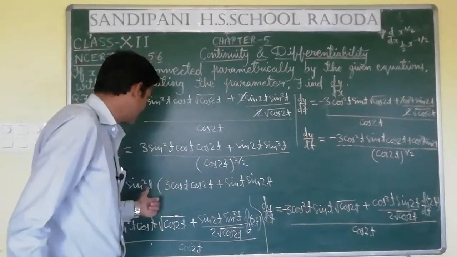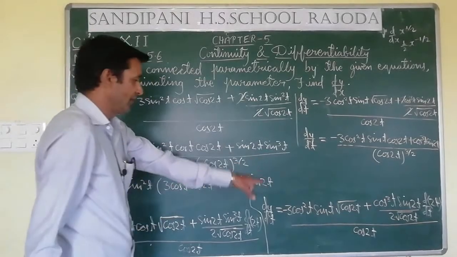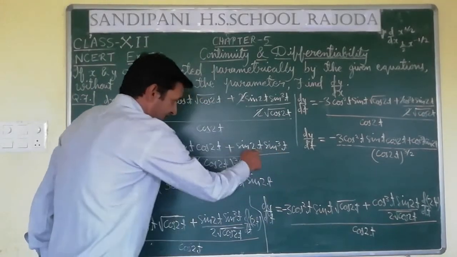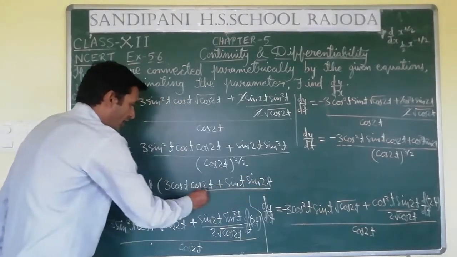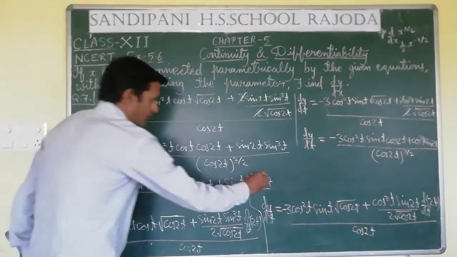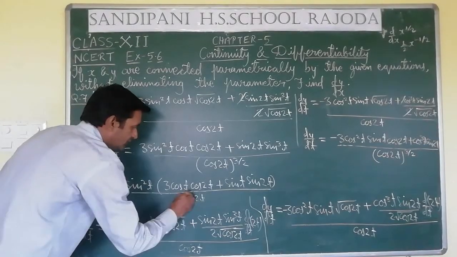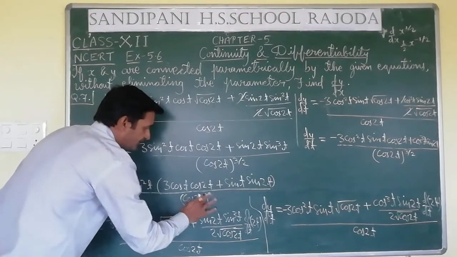So sin square t is taken common, so it will be sin t only, and this is sin 2t upon cos 2t raised to the power 3 by 2.